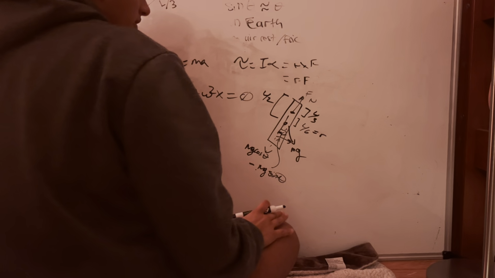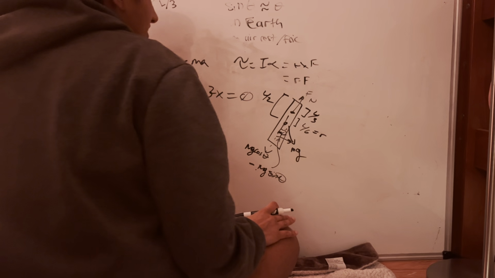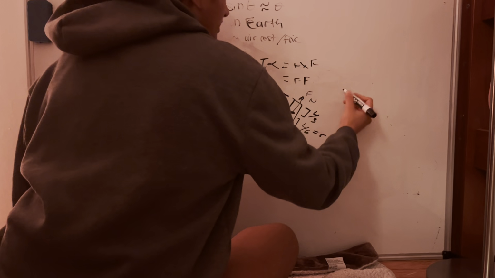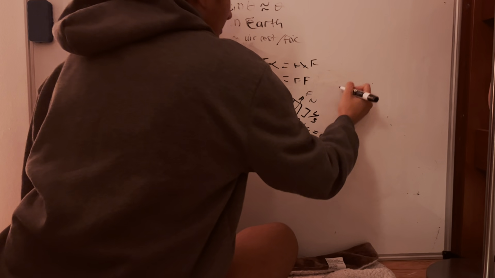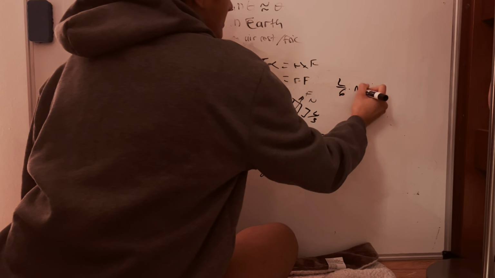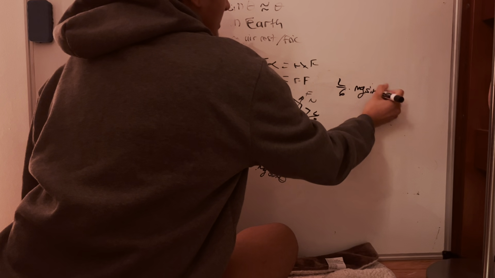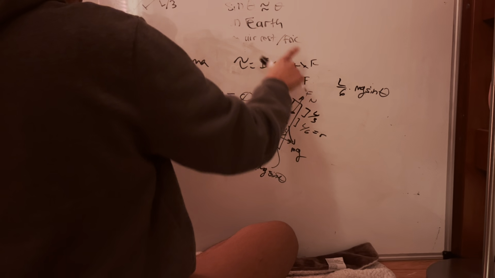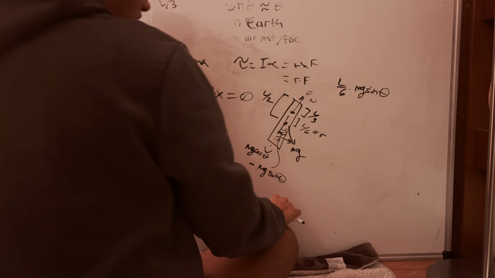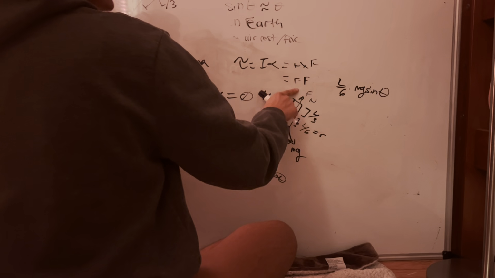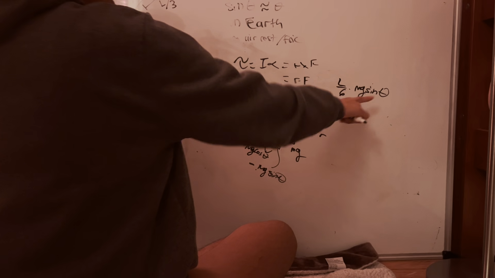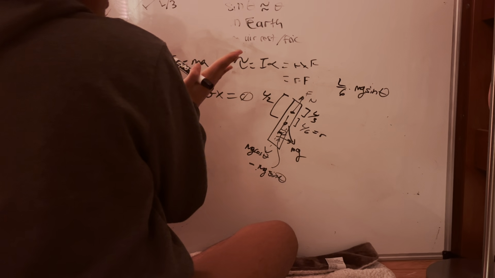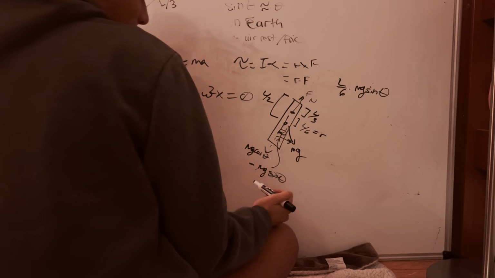Okay, so what we have here is that R times F is going to be L over 6 times mg sine theta. This is a different theta than the one we used for R cross F. The R cross F theta is the angle between R and F. The mg sine theta angle is the angle of the rod from the vertical.